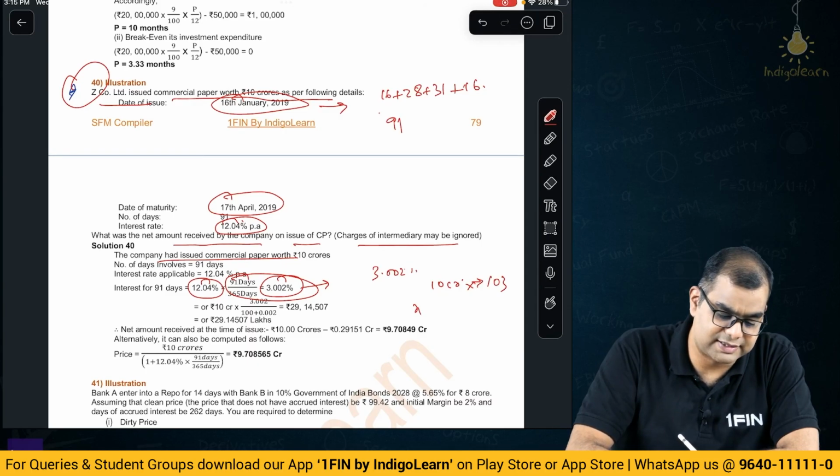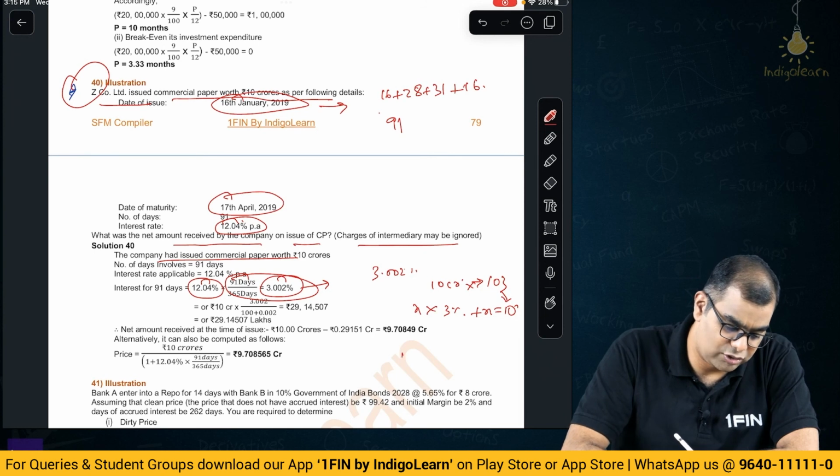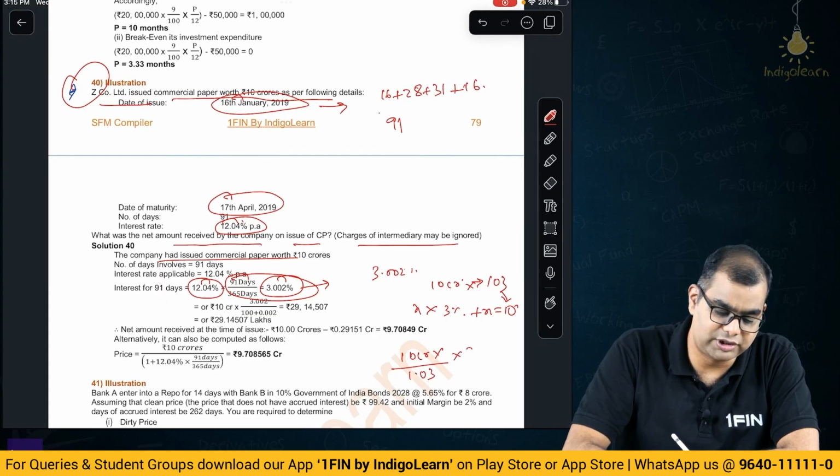So, there is some x into 3% plus x is equal to 10. Right. So, 10 is basically the amount after adding interest. So, 10 is equivalent to 103. So, 10 crores divided by 103 into 3%.